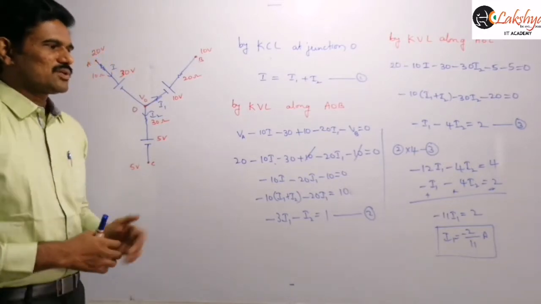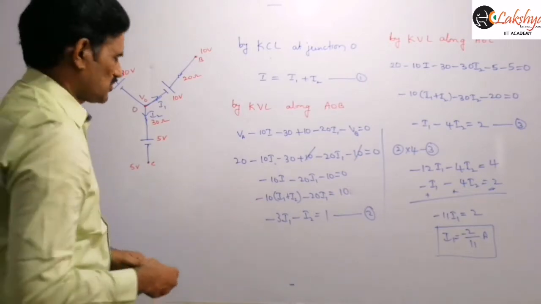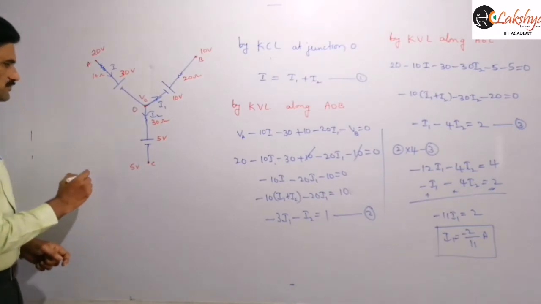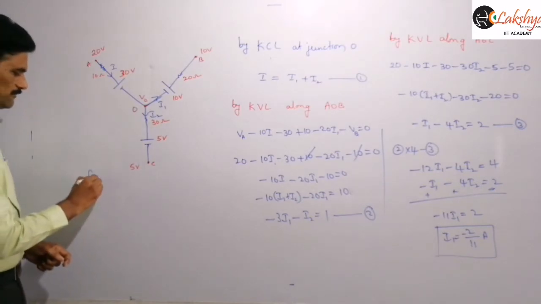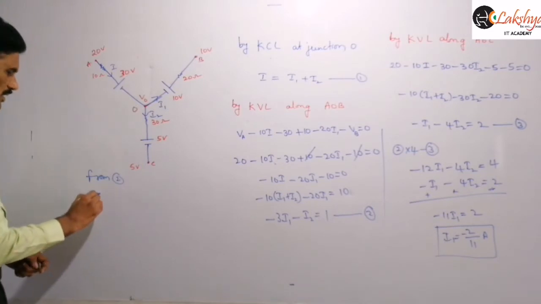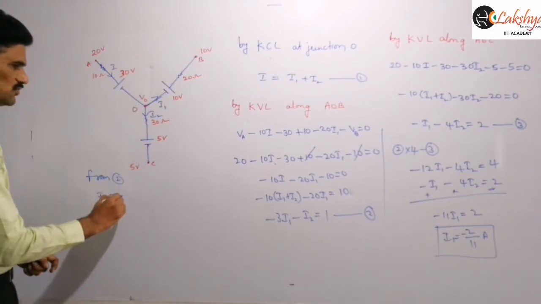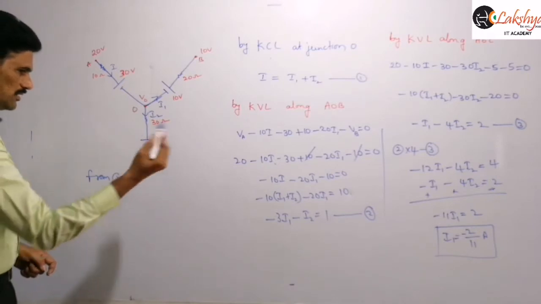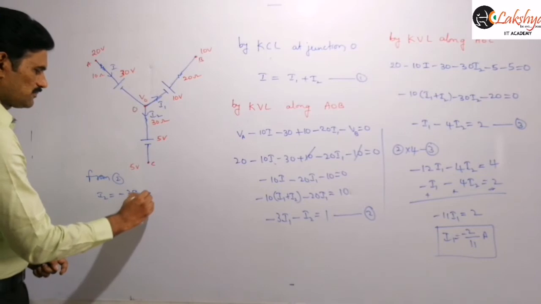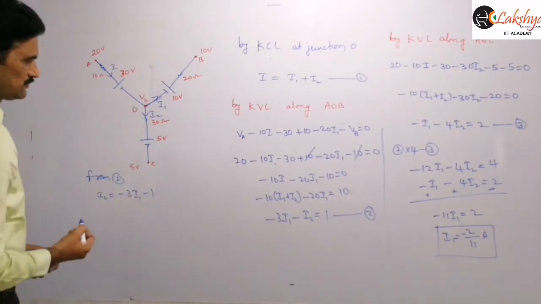Next, similarly, by substituting that I1 value in this equation, you can calculate the I2 value. From equation 2, I am writing I2 is equal to minus 3I1 minus 1, right?